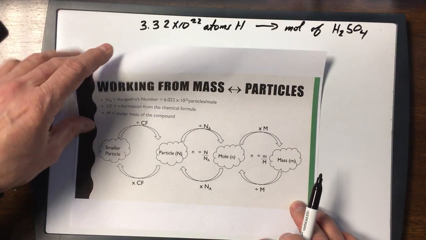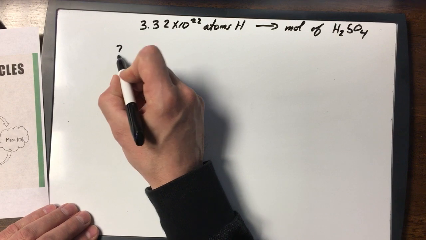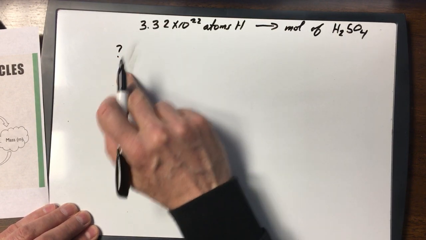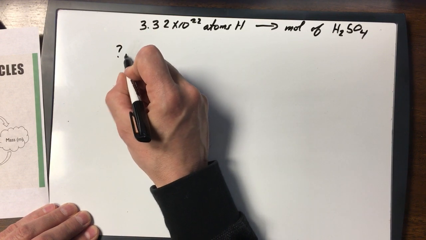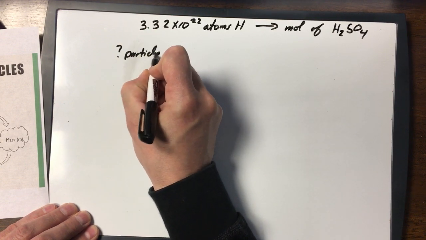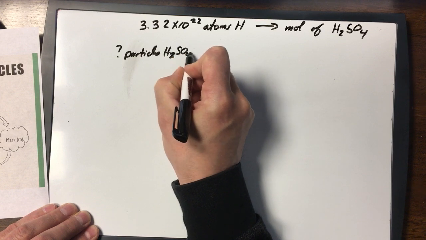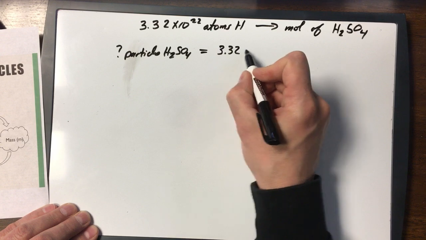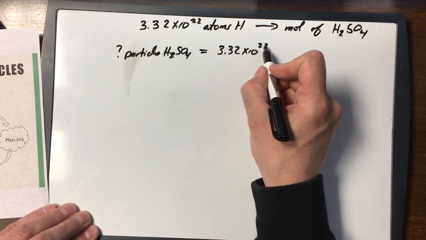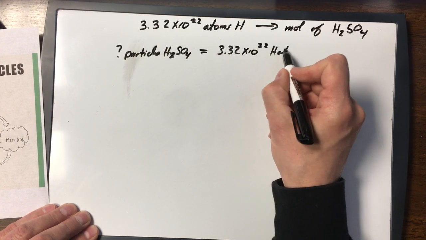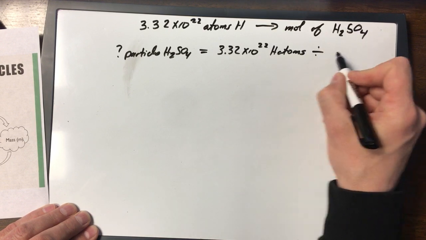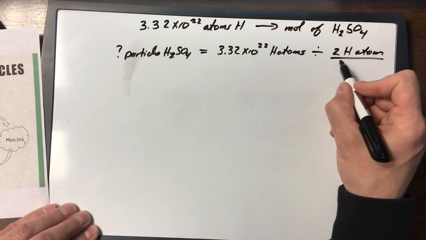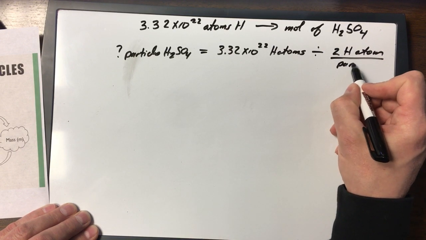So we're going to end up dividing by 2. So question mark particles of H2SO4 is equal to 3.32 times 10 to the 22 hydrogen atoms divided by 2 hydrogen atoms per particle.